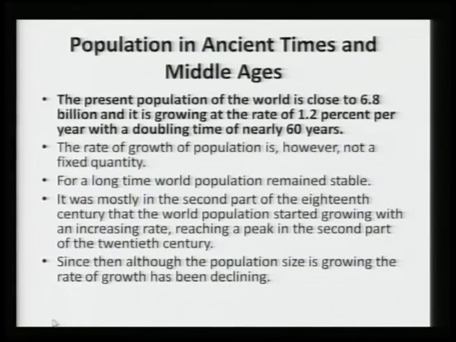In the very first lecture, I talked about doubling time. If a population is growing at a rate r, then its doubling time is 70 divided by r. So, if r is 1.2, every year on every 100 persons there is an increase of 1.2 persons, then it means the population will double in 60 years time.